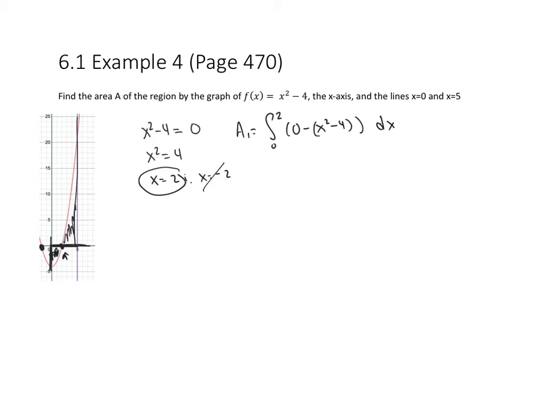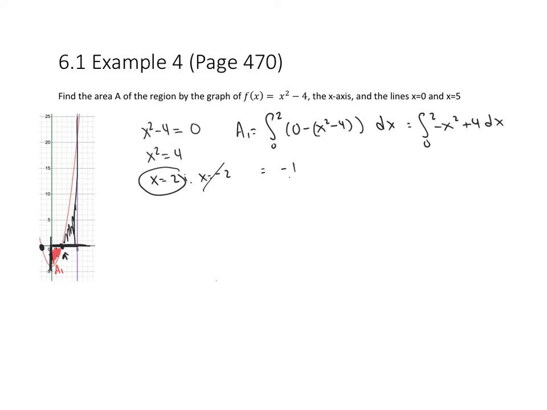So that's this first area. We'll call that area 1. So just to be clear, this is area 1 right here. So let's work on integrating that. We'll go from 0 to 2. That's negative x squared plus 4 dx.